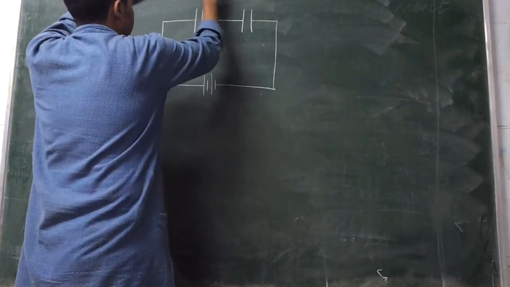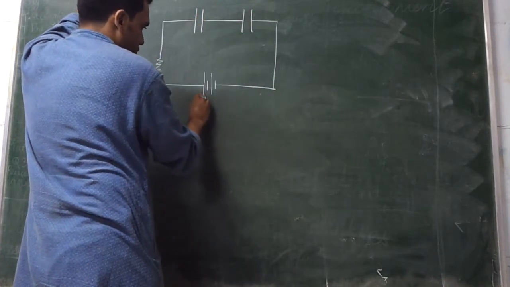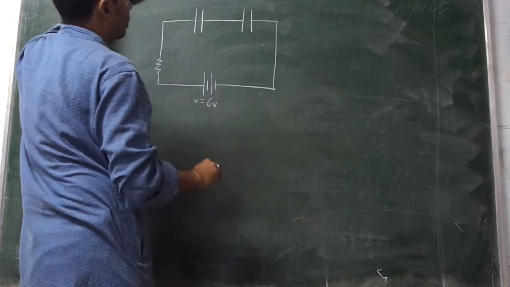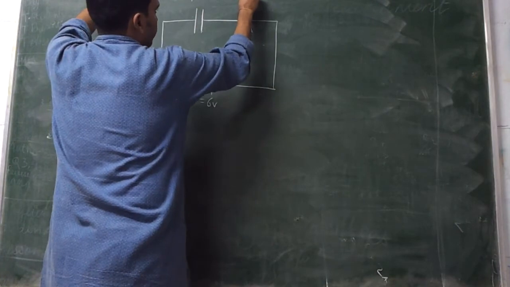Suppose you have two capacitors C1 and C2, and they are already charged to a certain value. Let us assume values. V is equal to 6 volt over here, and there is a 1 farad capacitor and a 2 farad capacitor.